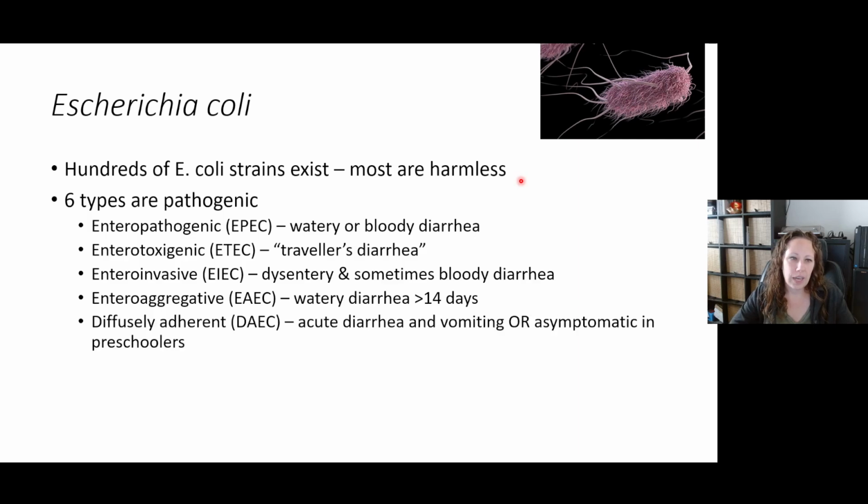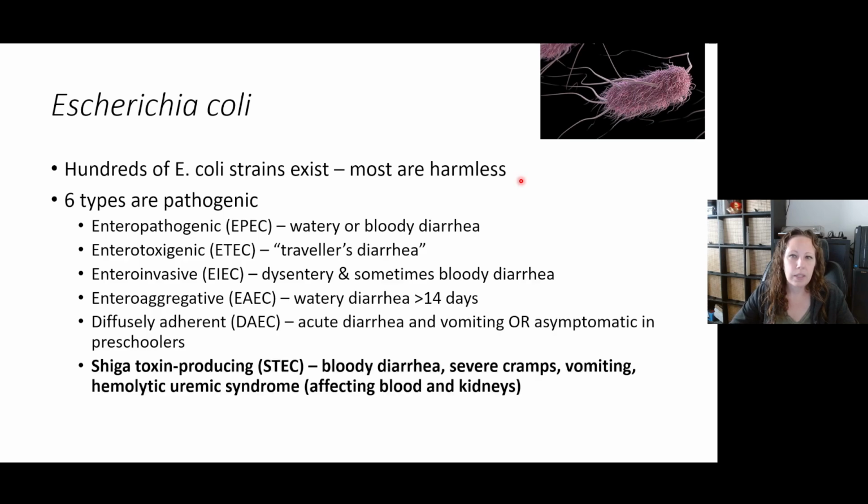There's diffusely adherent E. coli, which causes acute diarrhea and vomiting, or it might be asymptomatic, so you have preschoolers spreading it to everyone around them. But the major one, all of these sound awful, but the most well-known and most dangerous is the type called Shiga toxin-producing E. coli, or STEC.